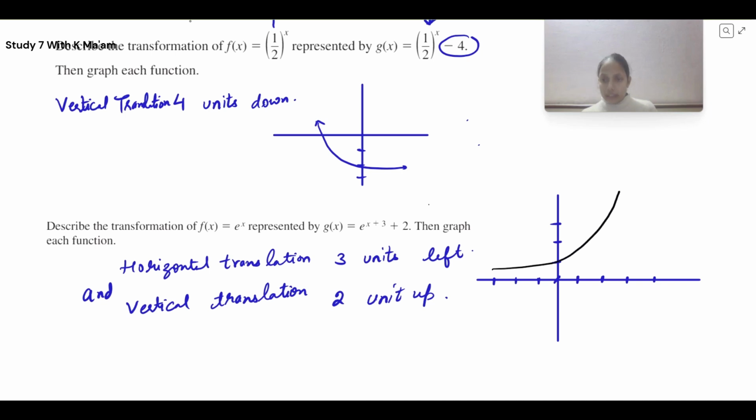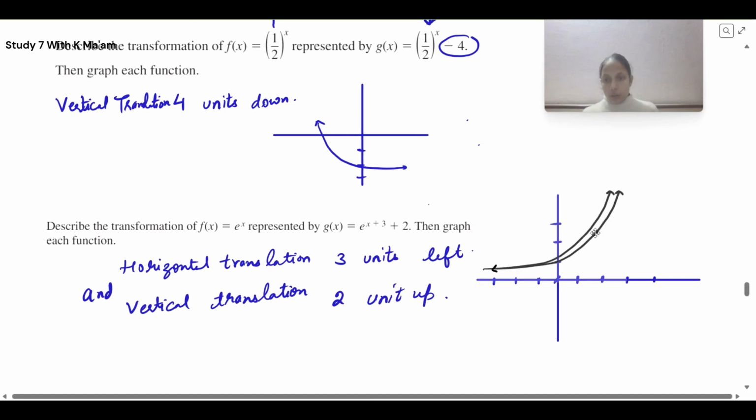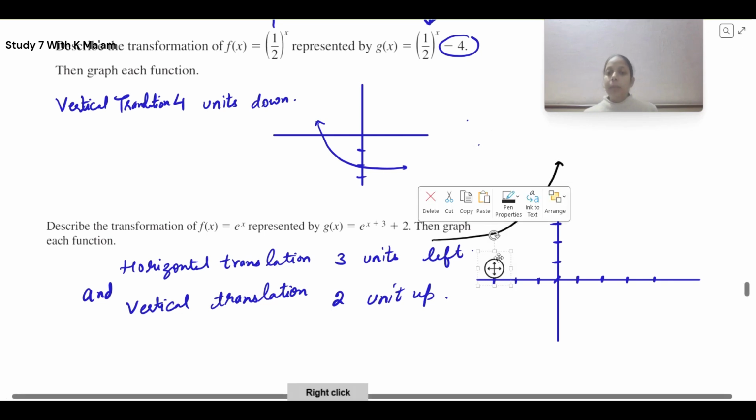It's something like this. Then I shift it 3 units left, 1, 2, 3, and 2 units up, 1, 2. So here the graph will be placed approximately.